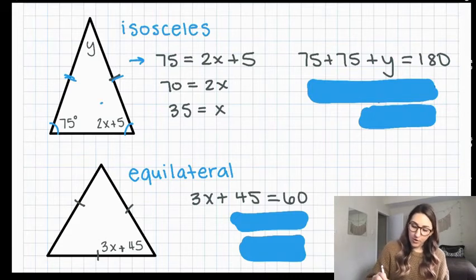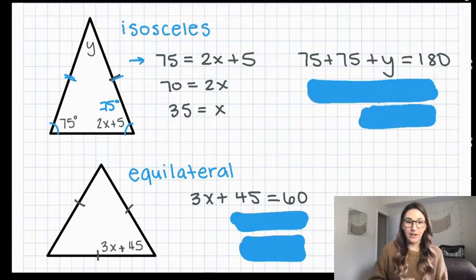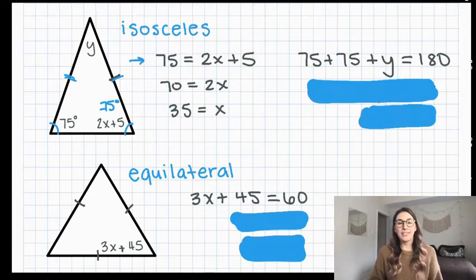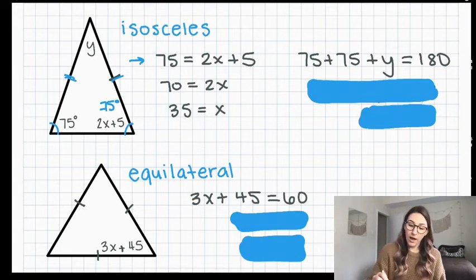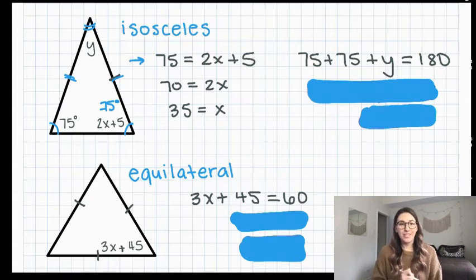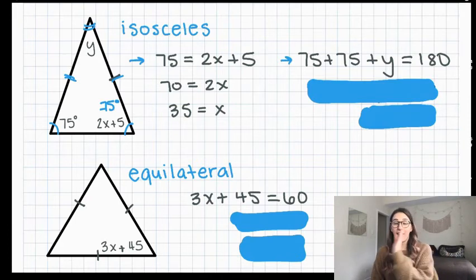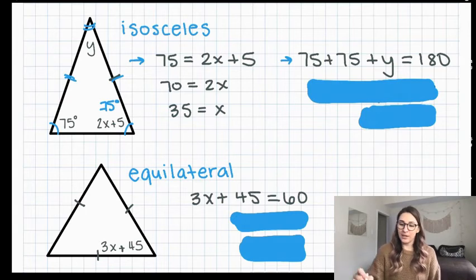Now that we know that both of these angles are 75 degrees, that's very, very important. We can set up another equation using the triangle angle sum theorem to solve for the missing angle y. Since the two base angles are both 75, we can add the 75 and the 75 and the y equal to 180 and solve that equation.